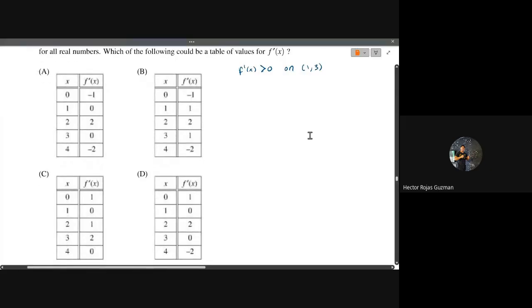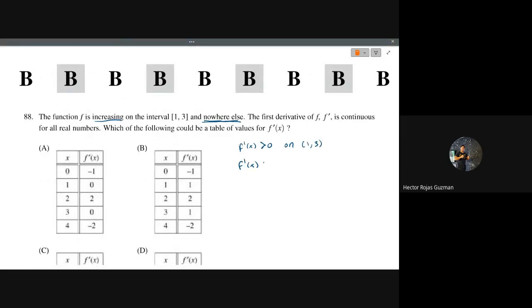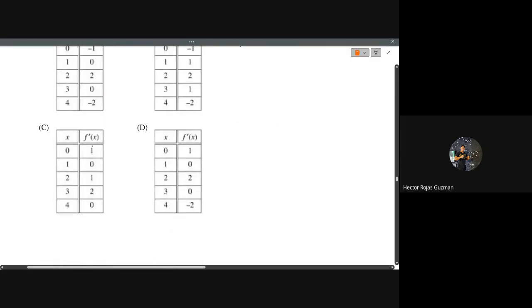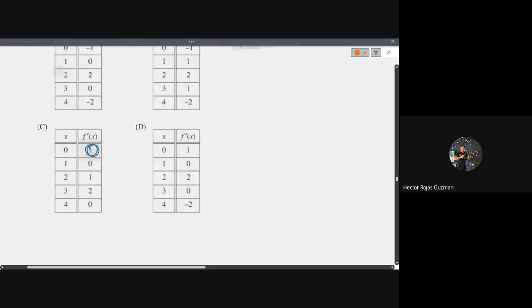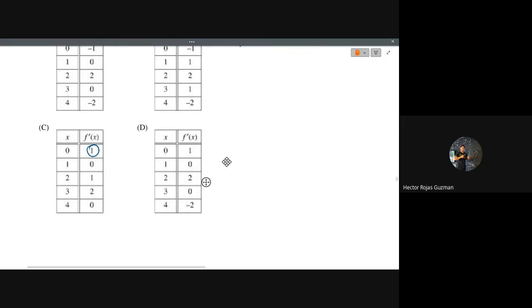Oh, and nowhere else. So that means f prime of x has to be negative elsewhere. And if I look at my tables, A and B check out, but C and D, they don't check off.